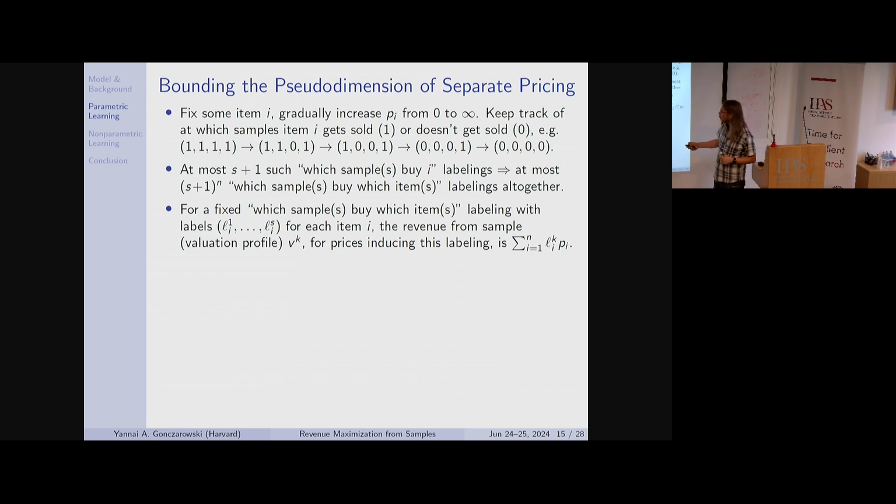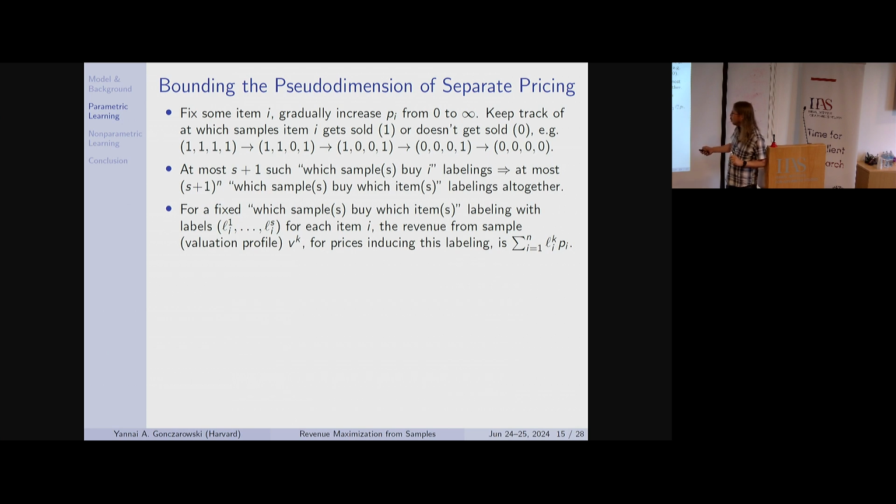So for item i, we have whether sample 1 buys it, whether sample 2 buys it, etc., until sample S buys it. I'm claiming that if we only focus on prices that induce this labeling of which sample buys which item, the revenue is this function, right?